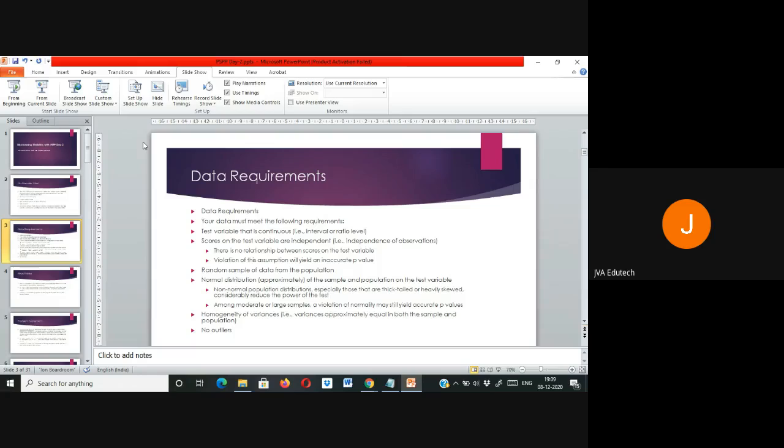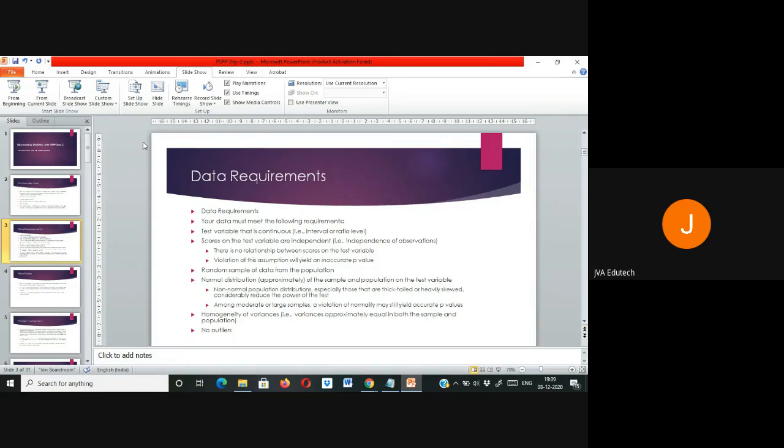So if we are taking weight, height, or any of the parameters, all these observations are independent of each other. It means there is no relationship between the scores and the test variable. Because if there is some relationship between the scores that you are taking and the test variable, then the p value, that is the probability of occurrence value, will be inaccurate.